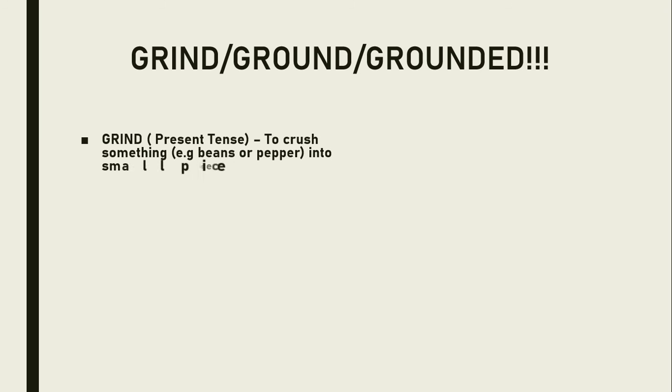Grind, when used in its present tense form, means to crush something into small pieces or powder. The past participle and the past tense of grind here is ground, not grinded, not grounded, but ground rather.